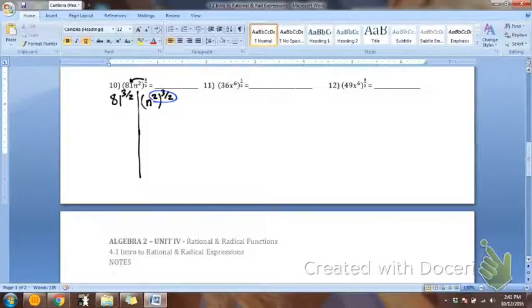We would add it if the 3/2 had a variable. So 2/1 times 3/2 gives me 6/2. And what's 6/2? 3. So this is really reduced to n to the 3rd. And I'm going to leave that and come back to it.